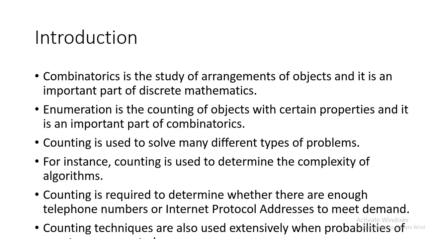For instance, counting is used to determine the complexity of algorithms. Complexity is also required to determine whether there are enough telephone numbers or internet protocol addresses to meet the demand. These counting techniques are also used extensively when the probabilities of events are computed.